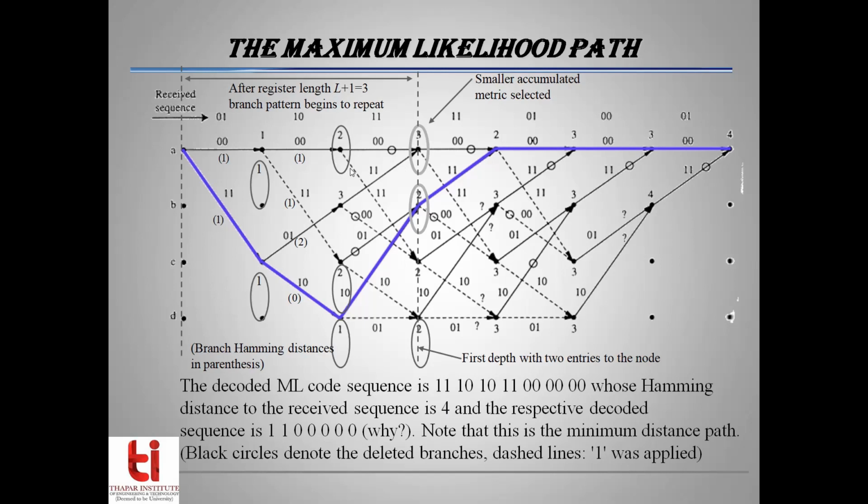So these branches were deleted, where we have indicated this with the black circles. These branches were deleted because the path metric at that point was above a particular threshold. It means it was not the optimal path. It was not the minimal distance path.